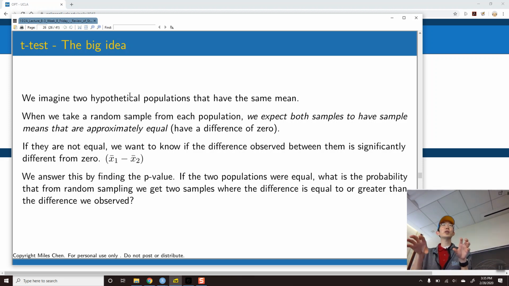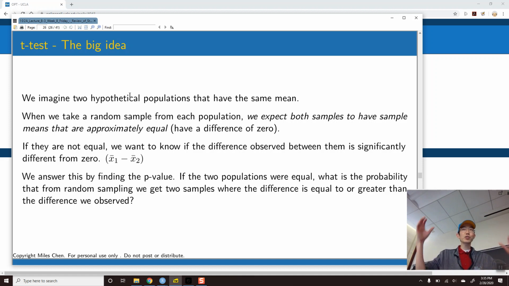I would expect x bar 1 and x bar 2 to be around the same, or I would expect them to have a difference of 0. But of course, because of random sampling, they're probably not going to be exactly equal to each other, and that difference is not going to be exactly 0. And so the question is, is the difference I get significant? We answer that by finding the p-value.